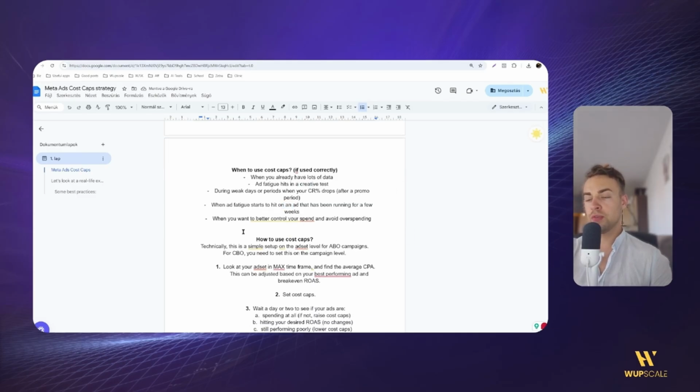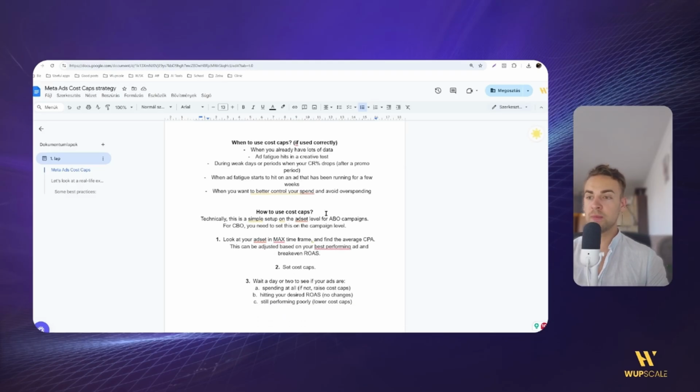Or you just want to better control your spend because your ad set has a high daily ad spend, let's say $500, but you don't really want to reduce the ad spend to, let's say, $200, because the brand overall is scaling. You just have a weak period, so you want to control the ad spend and avoid overspending.